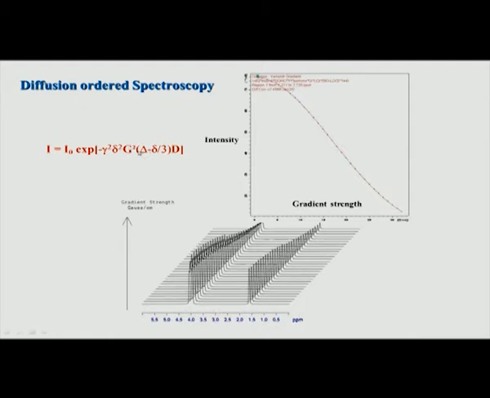Of course, if D is 0, imagine you have some sample which has no diffusion at all, then the intensity should not change, the whole exponent will be 0 and the exponential of 0 is 1. So I will always remain I0. But if your D is not 0, then the amount of signal which comes back because of the rephasing depends on this G value.